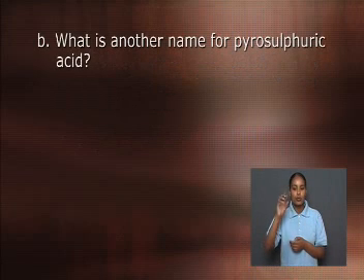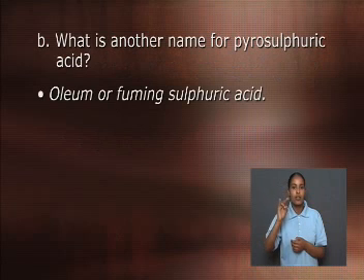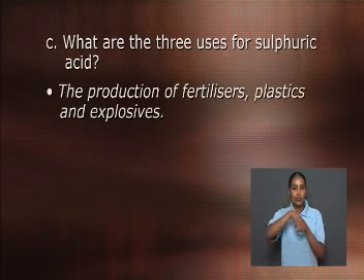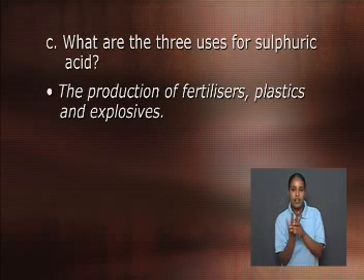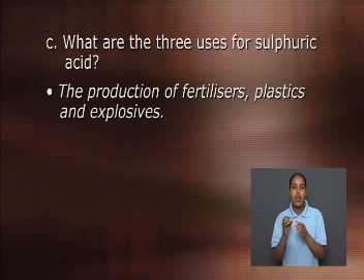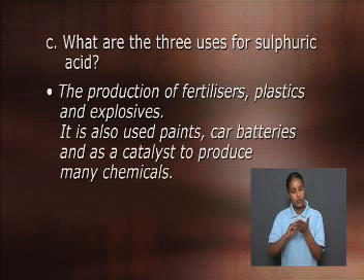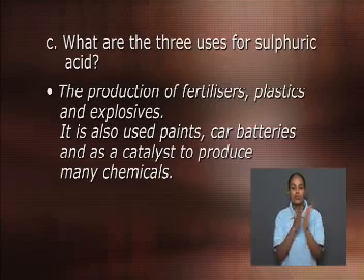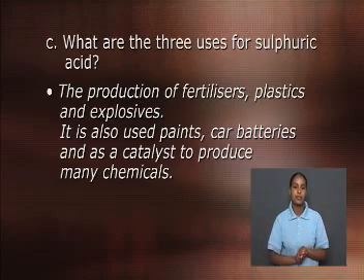Pyrosulfuric acid is also known as oleum or fuming sulfuric acid. 3 uses for sulfuric acid could include the production of fertilizers, plastics, and explosives. You might also have mentioned that it is used in paints, car batteries, and as a catalyst to produce many chemicals.